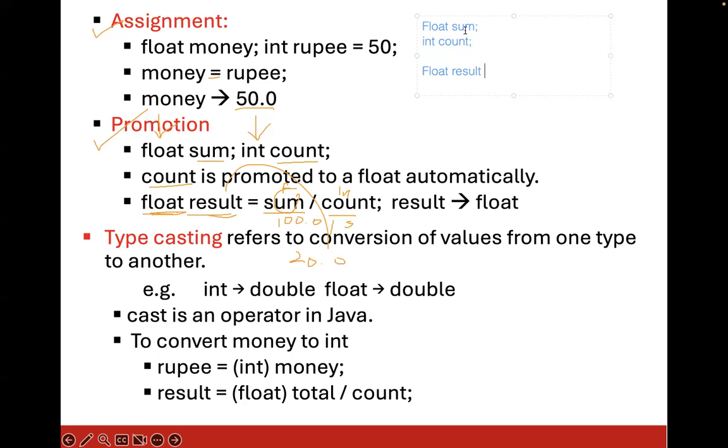Sum is a number, it is a total, and count is the count. Then we have a result to get the answer. So now you have to do a small calculation. You take sum from here and then you divide it by count. So now what you're supposed to do, you have to do a small calculation here. So let's say sum is 100. So if you enter 100, this is how it will store.